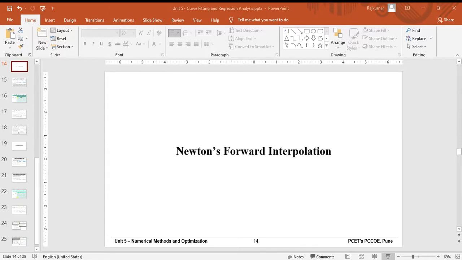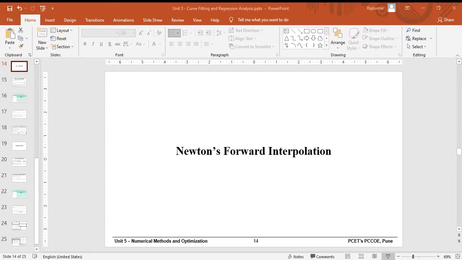So this is the trick to verify whether your answer is correct or not. Now again, as I mentioned, if a question is asked to find y when x is 110, it is between 100 and 150.